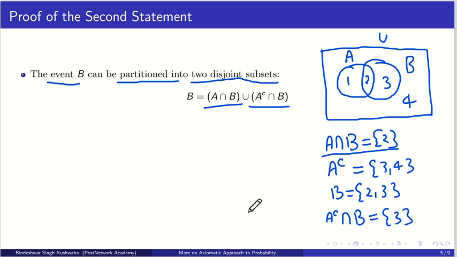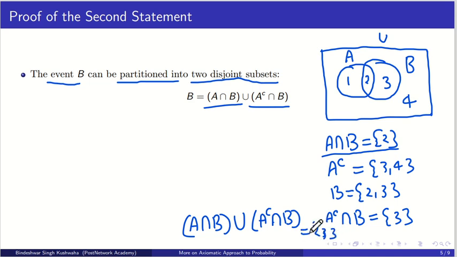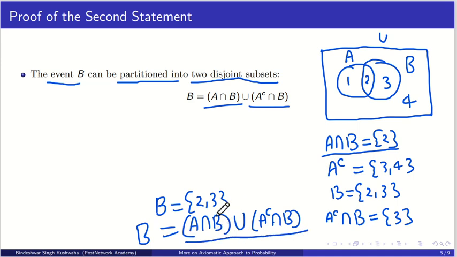So you can see that A intersection B union A complement intersection B is 2, 3, and that is equal to B. So we have partitioned B. Let's write here B is equal to 2 and 3, and this value will also be 2 and 3.